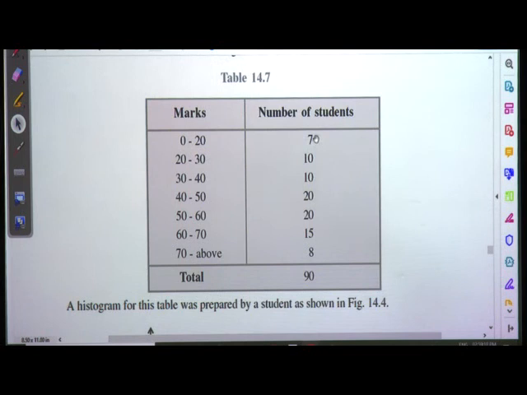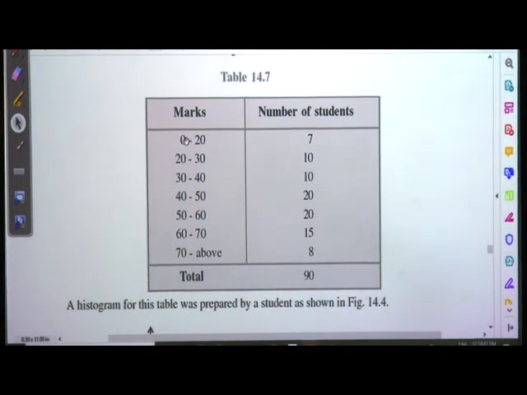Okay, how many is the number? 7. And what about 60 and above? 60 and above means the class 60 to less than 70 and the succeeding class 70 and above. So what is the number of students here? 15 plus 8, 23, and less than 20% marks, 7 of them.